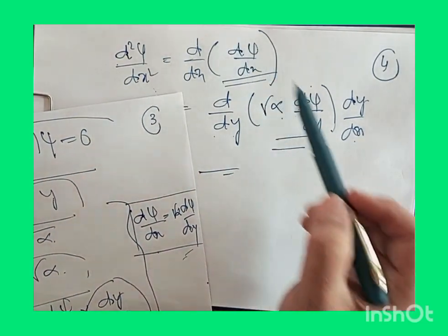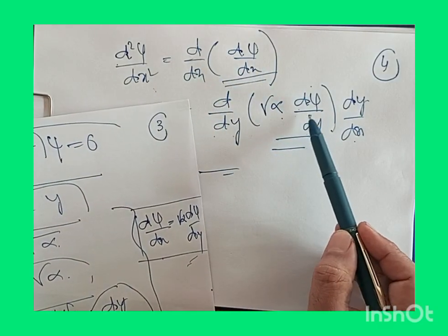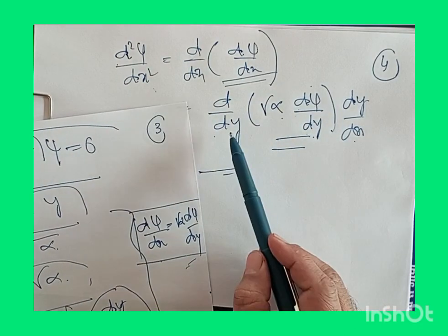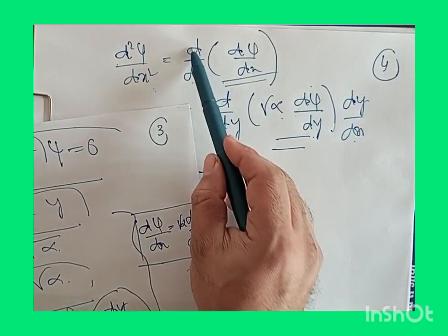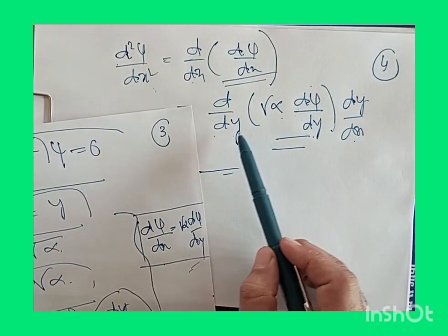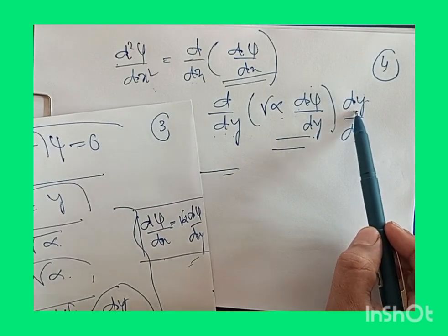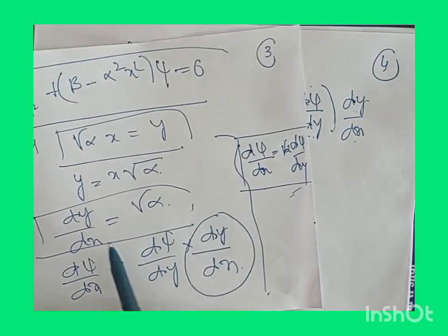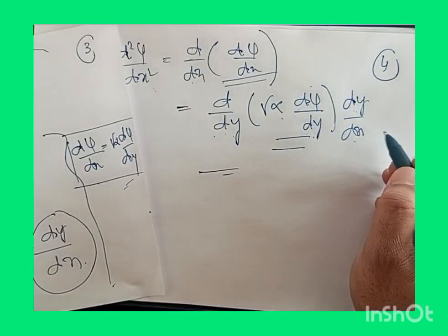That's correct. So it is d by dx of under root of alpha d psi by dy, and I'm multiplying this by dy so that I have d by dx. So this is dy times dy by dx, and we already have dy by dx, that is under root of alpha.